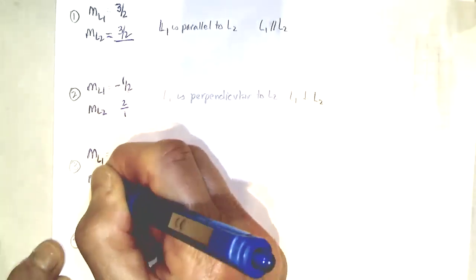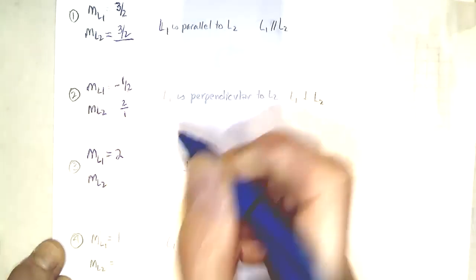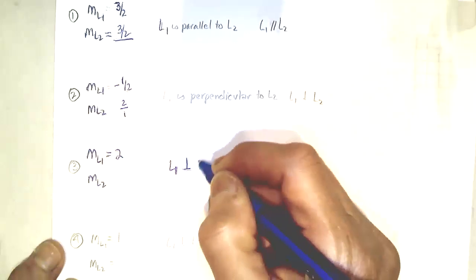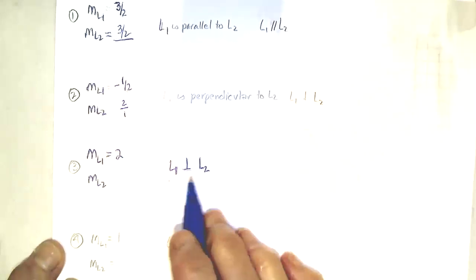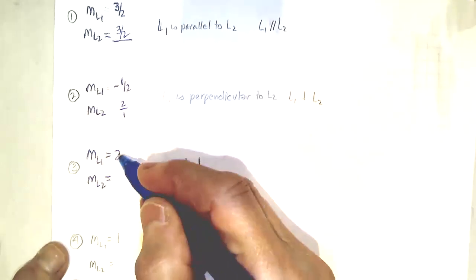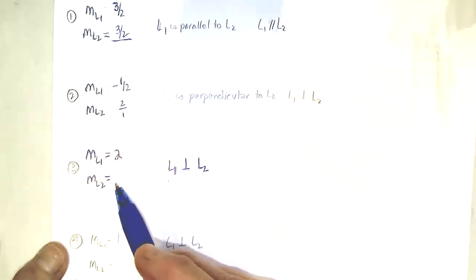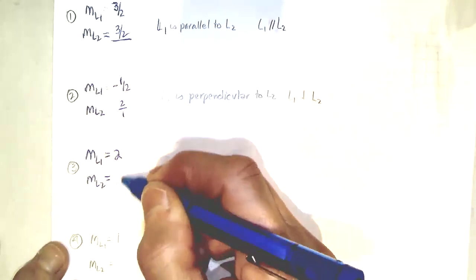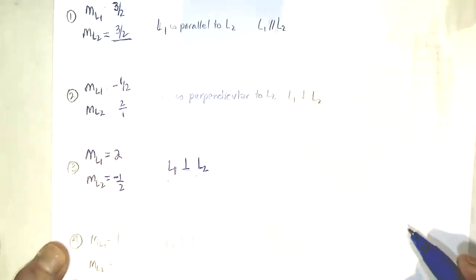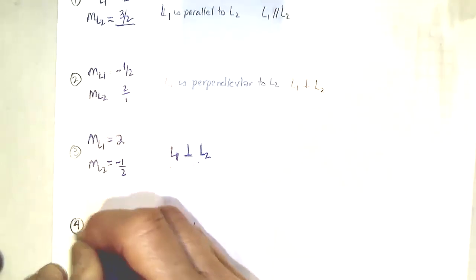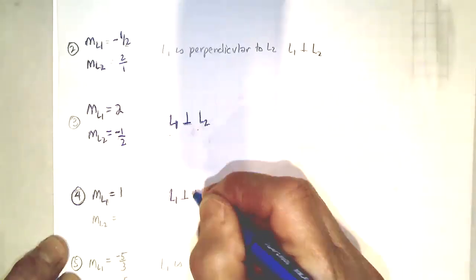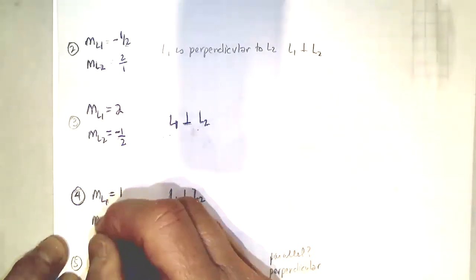Okay, a couple more examples. If I tell you the slope of the first line is going to be 2, and I tell you the two lines are perpendicular, then you say, okay, well, if I know its slope, that's a clue. Now I know this one's slope. It's the reciprocal, which would be 1/2, opposite sign. It's the negative reciprocal. In the fourth example, I said the slope of the first line is 1.